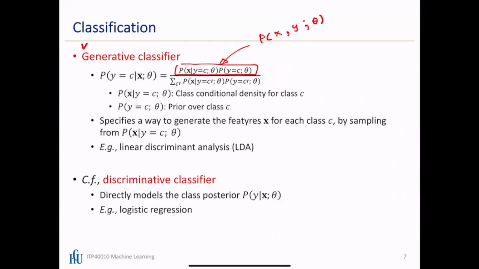The numerator of the right-hand side is equivalent to the joint distribution. So this is the joint probability of x and y given parameter theta. The ultimate goal in a generative classifier is to model the joint probability of your input and output.